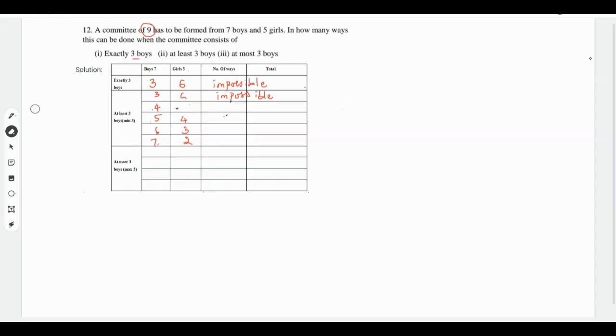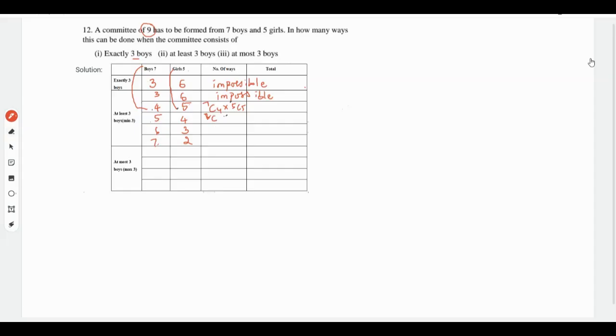So the committee should be made: here it is 7 boys and here 5 girls. So the total number of boys is 7. That will be 7C4 into 5C5, then 7C5.